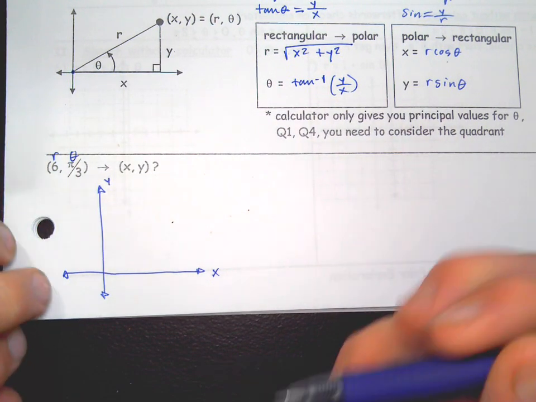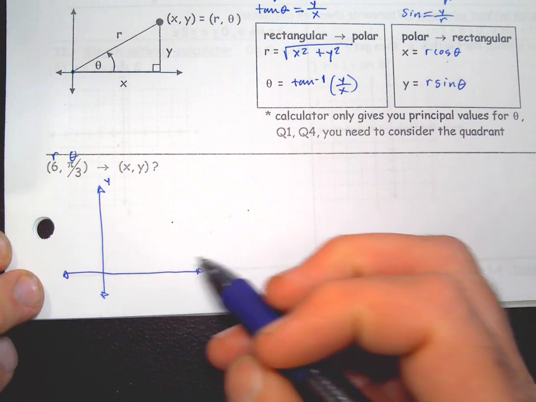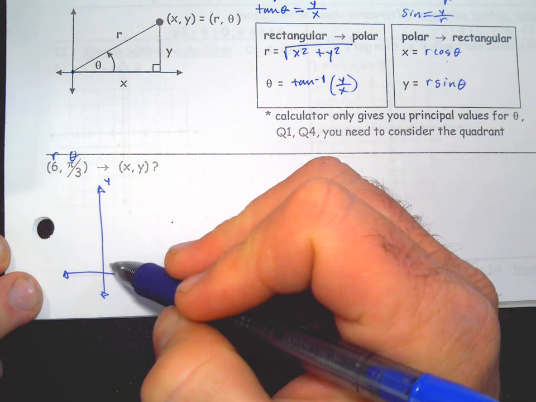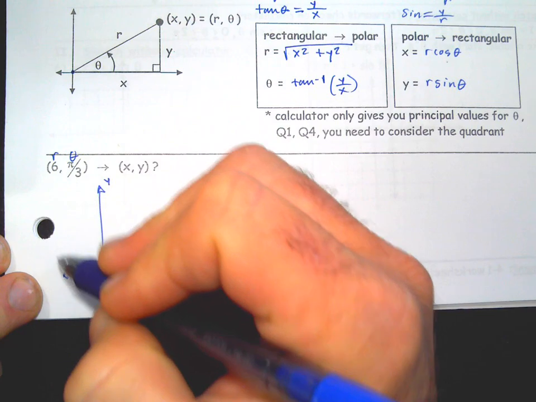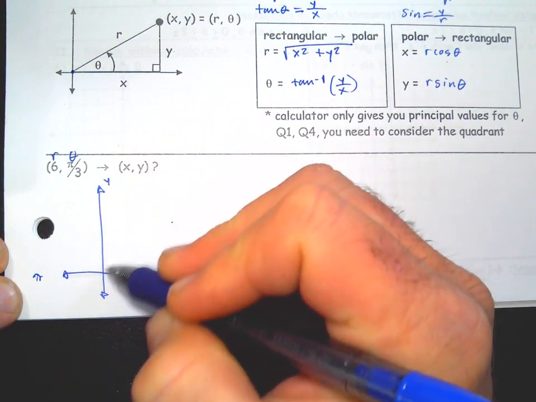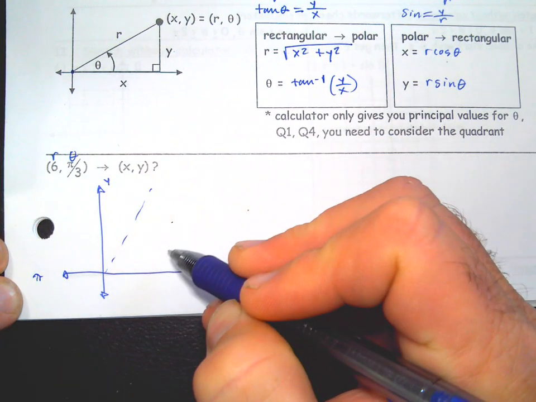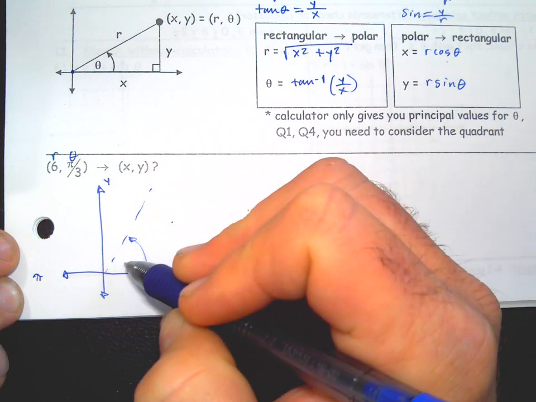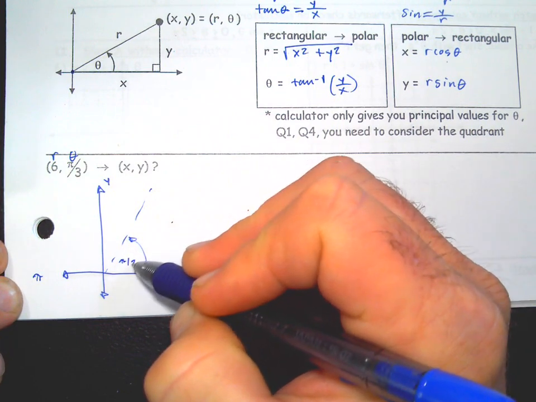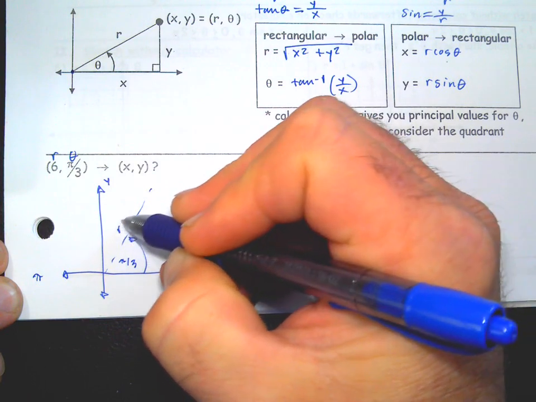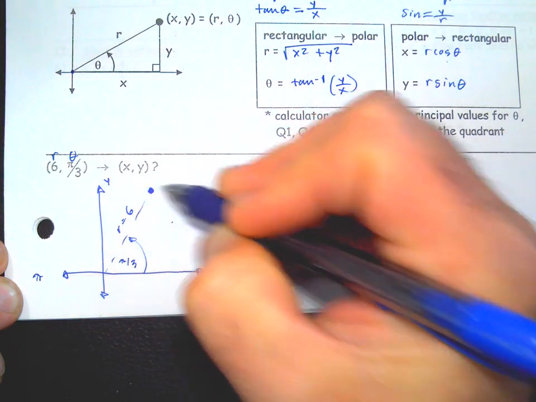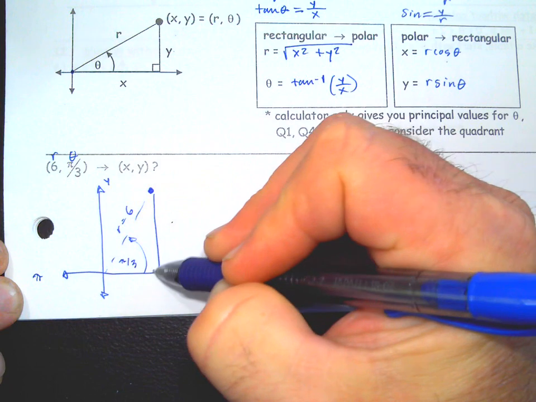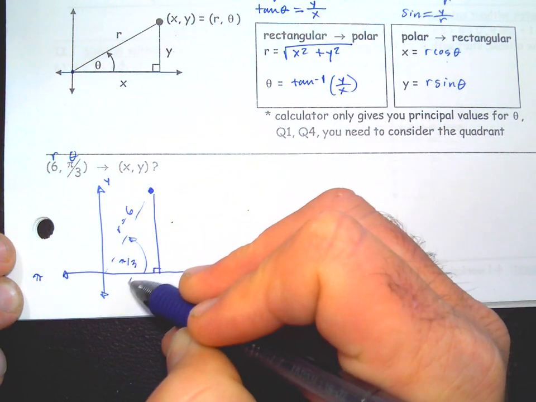Maybe that helps. Okay, so we could just kind of roughly graph this. Pi over 3, this is pi over here, right? So pi over 3 would be 1/3 of that. So that's the angle, pi over 3, and then the radius is 6. So we're trying to figure out that point right there. What we could do is draw a little right triangle. And this is the x coordinate, right?